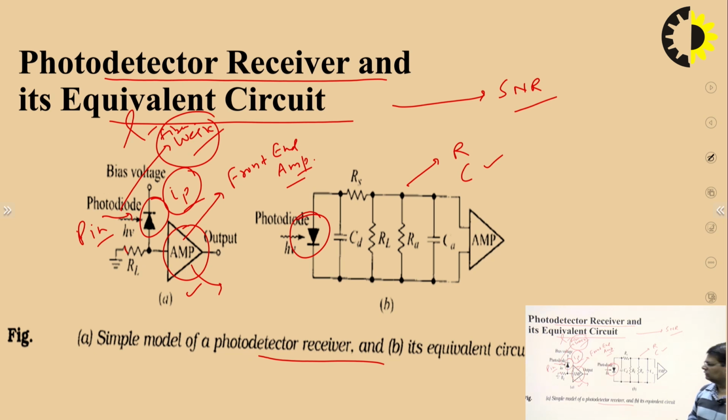For example, we have junction capacitance, load resistance, amplifier resistance, amplifier capacitance, and we have a resistor in series to control the flow of current. So we have a number of resistive components combined together denoted by RT, and a number of capacitive components combined together denoted by CT.